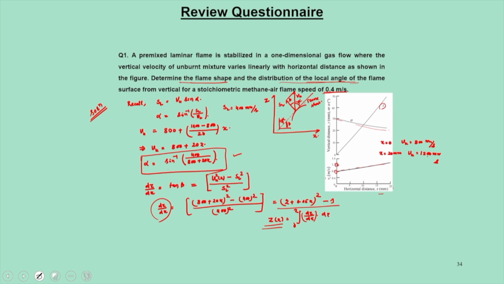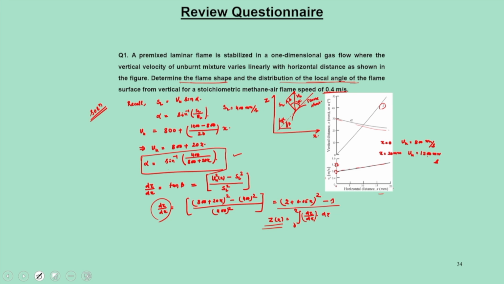Okay, so this is all about this lecture that talks about the concept of laminar flame, how we view the laminar flame concept in a homogeneous mixture of burning fuel and air in an IC engine, spark ignition engines.